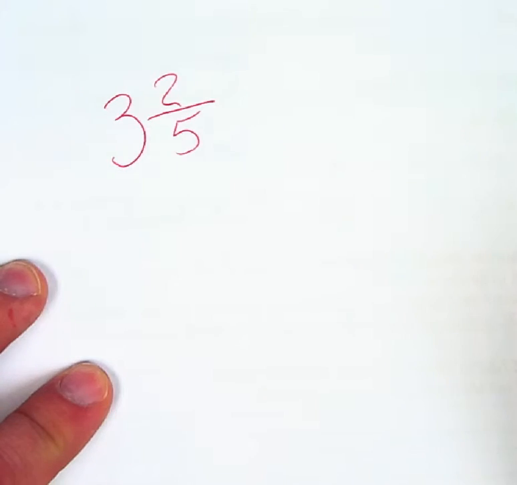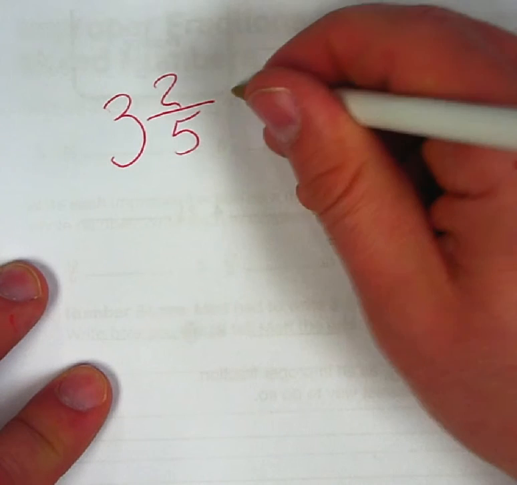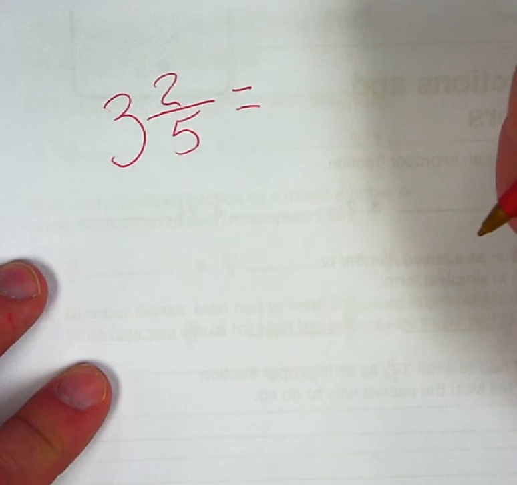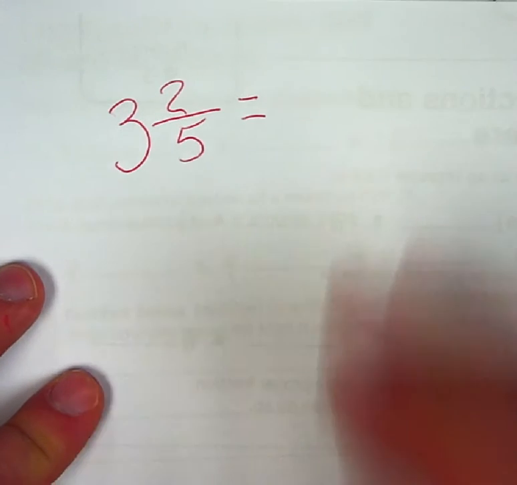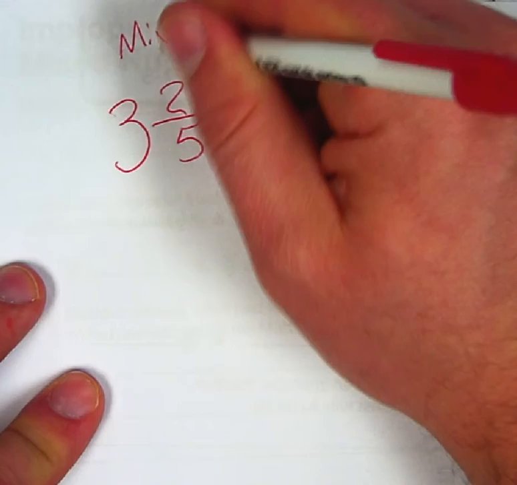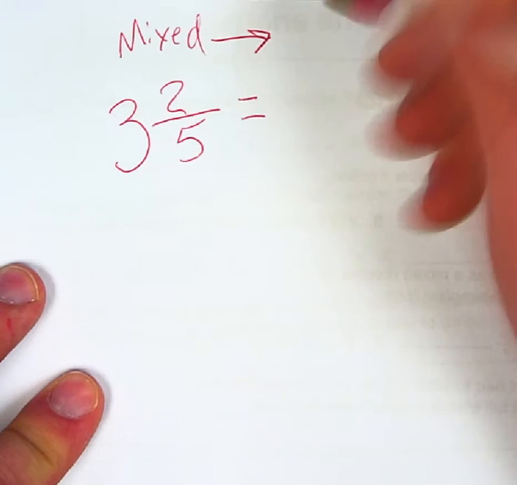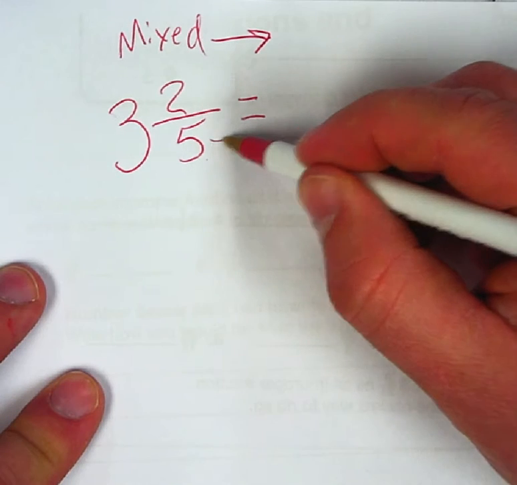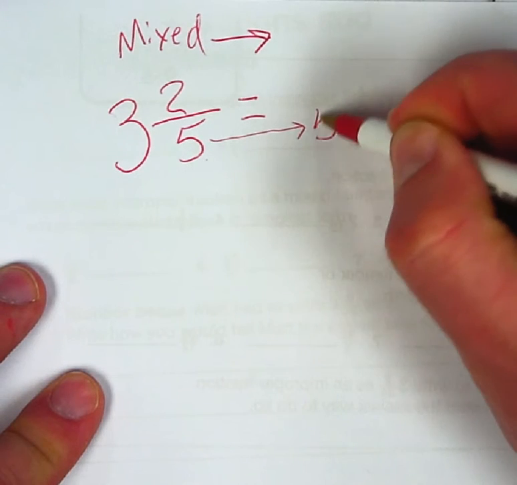2/5. Okay, so the way we're going to convert that, first we times, then we add. That's what I taught you. First we times, then we add. So when we're converting from a mixed to an improper, the denominator is always going to stay the same.